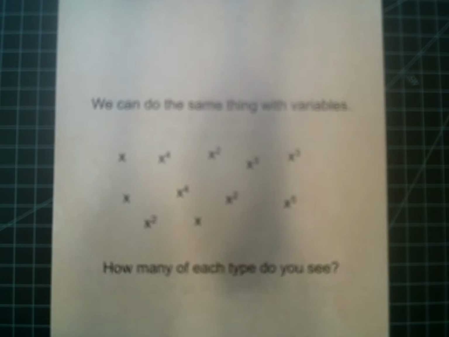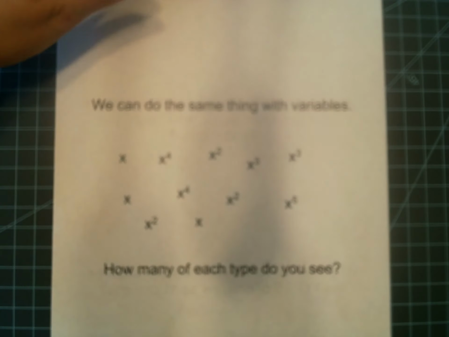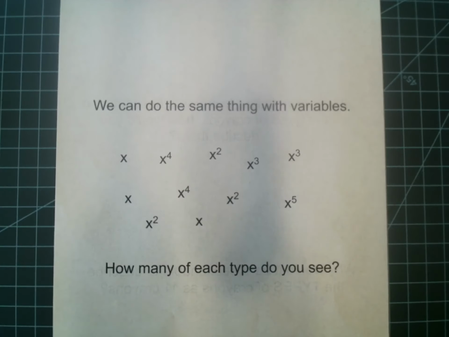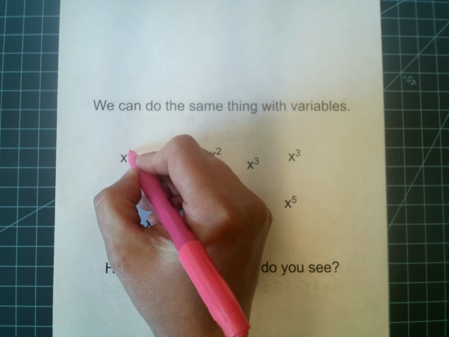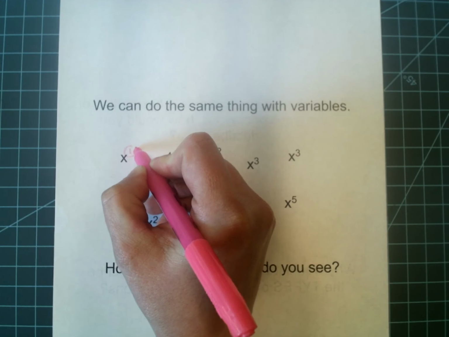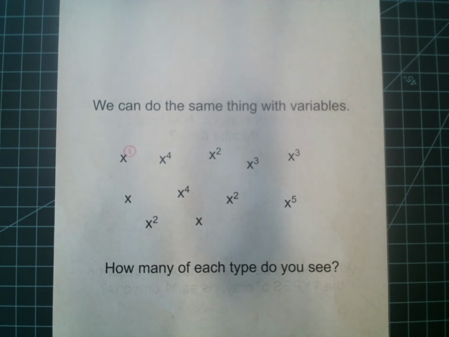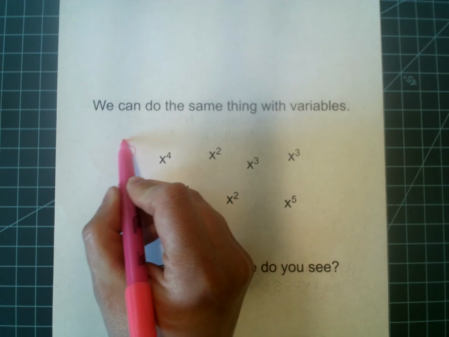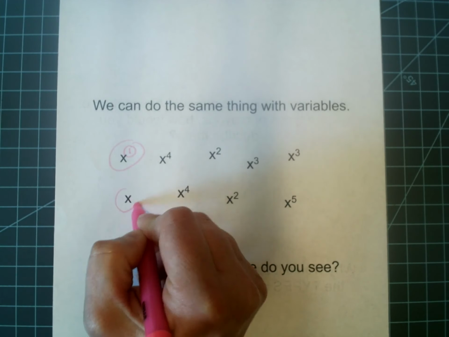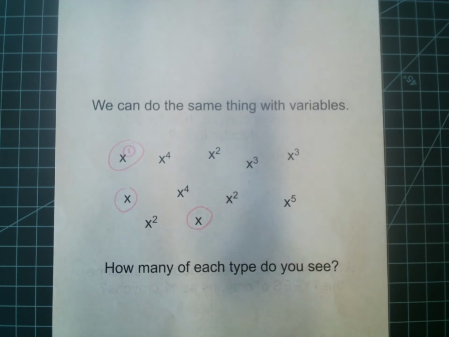We can do the same thing with variables. How many of each type of variable do you see? So again, this x with no exponent is an understood 1 for the exponent. So we have 1, 2, 3 of those.